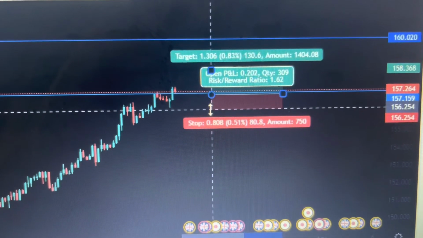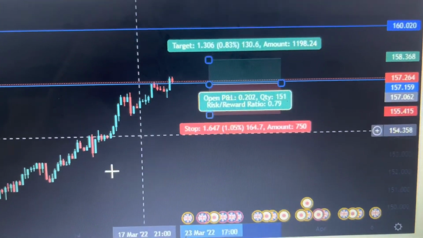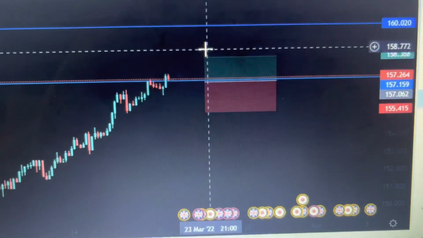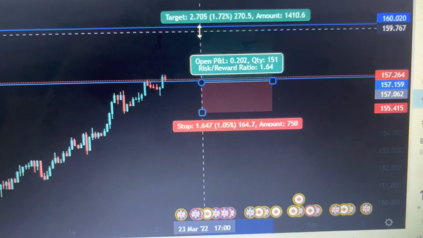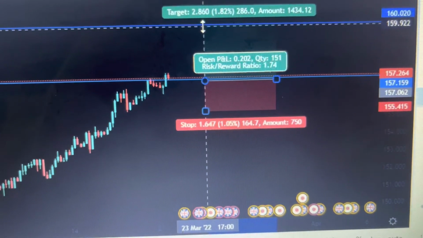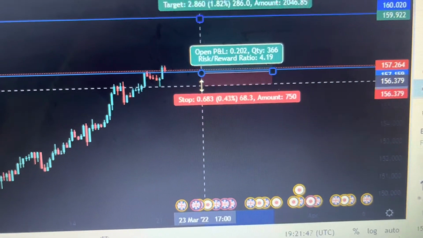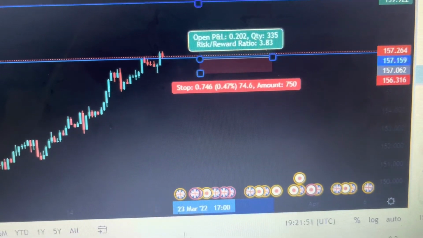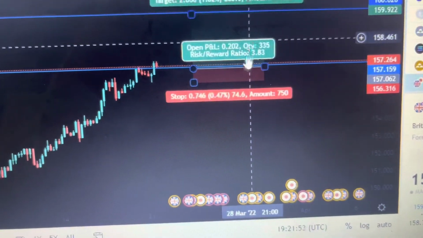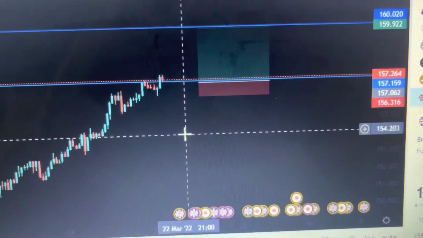You could do it right here if you want to be on the safe side. And my TP is going to be right here. But honestly, my stop loss would be right here. And that's giving us almost a 1-to-4 risk to reward ratio.